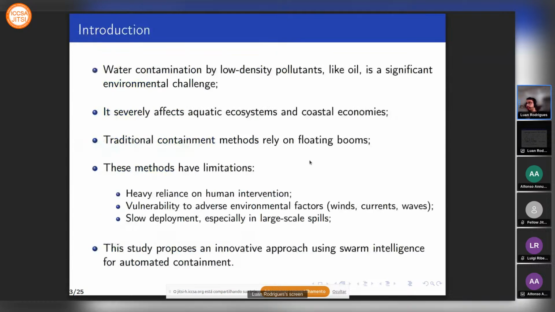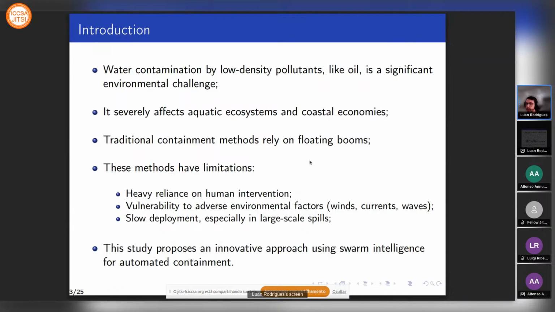So here we have a small introduction about the subject, which is a really significant challenge for humanity today. Basically, oil spills around the world are a really big problem since they severely affect coastal economies and aquatic ecosystems. And nowadays we have a big problem with containment methods, which rely on floating booms.